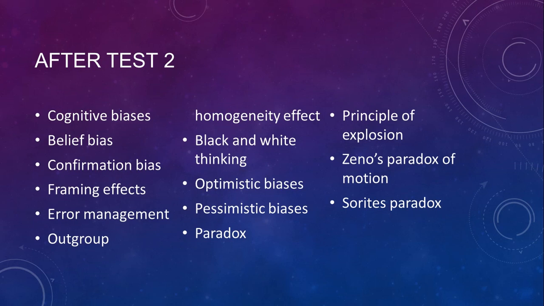So Zeno's paradox of motion is Achilles is racing a tortoise, but he gives the tortoise a head start. So at T1, Achilles is further behind the tortoise, but when he reaches the tortoise at T1, the tortoise will be at T2, and when he reaches the tortoise at T2, the tortoise will be at T3, and so on and so forth. Therefore, Achilles will never reach the tortoise.